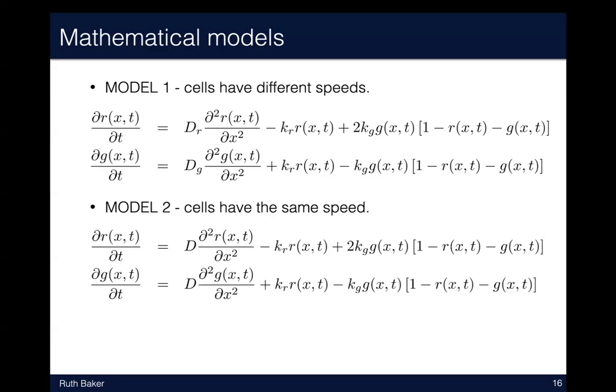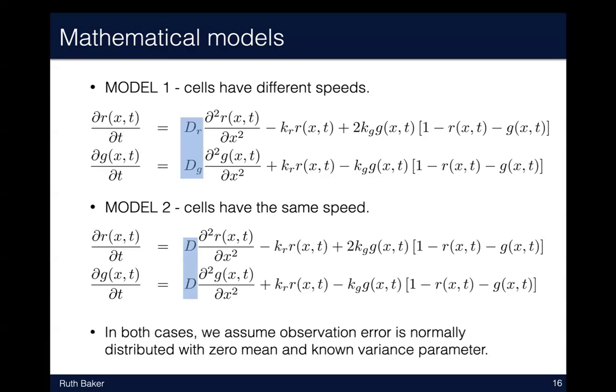And should I use practical identifiability as a means to pick one of those models over the other? And again, I'm going to think about this just in terms of these different parameters. Okay, and again, like I said before, I'm just using normally distributed additive error.